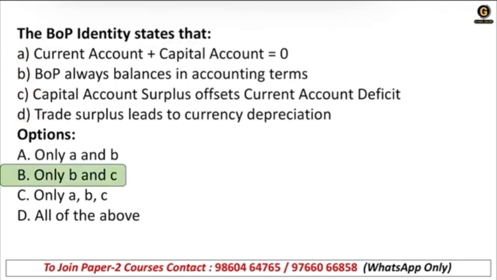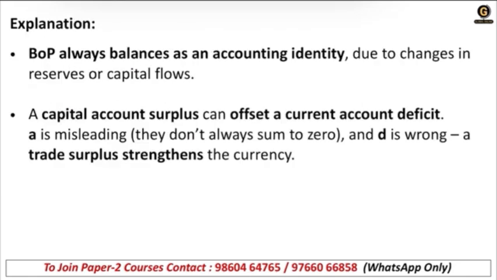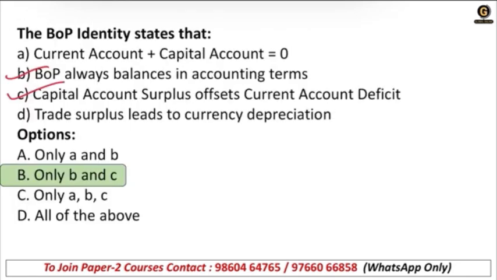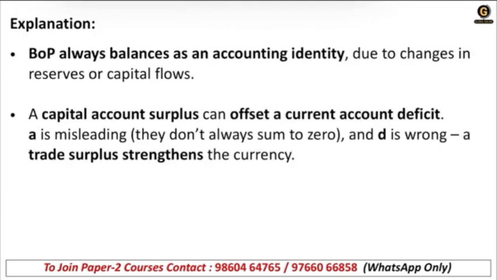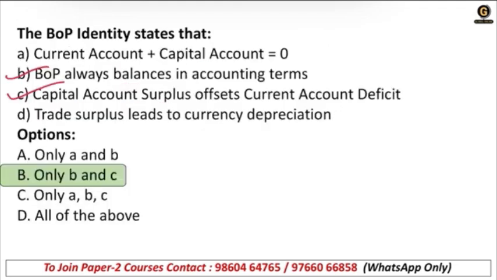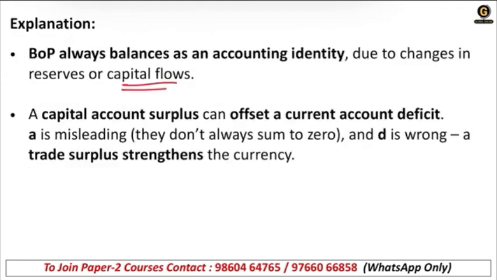Right answer is option B and C. See, BOP always balances in accounting identity. That is totally correct, due to changes in the reserves or capital flows. A capital account surplus can offset a current account deficit. That is also correct, B and C.